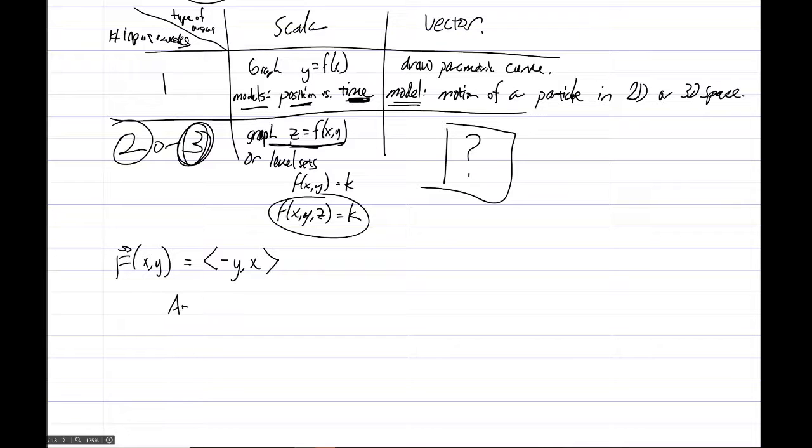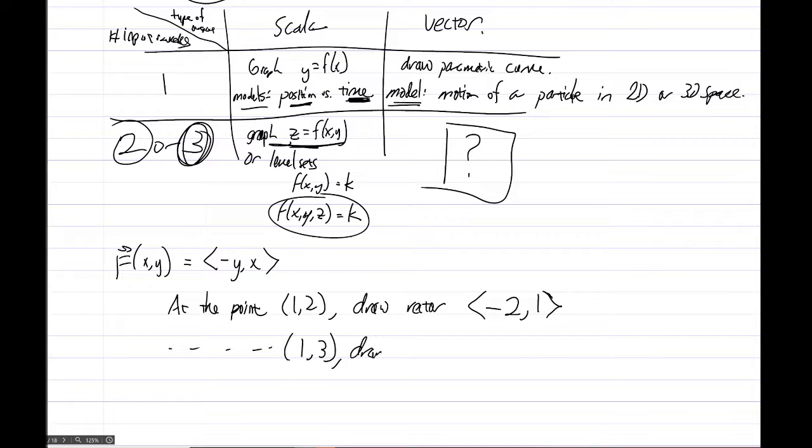What we'll do is at the point 1 comma 2, draw in the vector. We already computed what the output was, yeah? The vector negative 2 comma 1. Just draw that vector negative 2 comma 1 located at the point 1 comma 2. At the point 1 comma 3, draw the vector negative 3 comma 1.